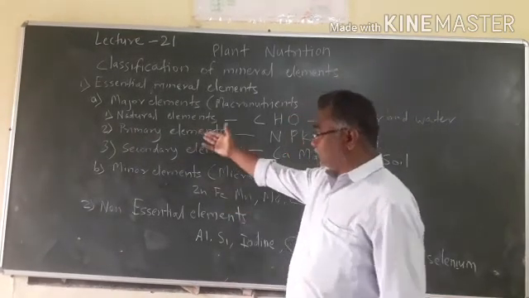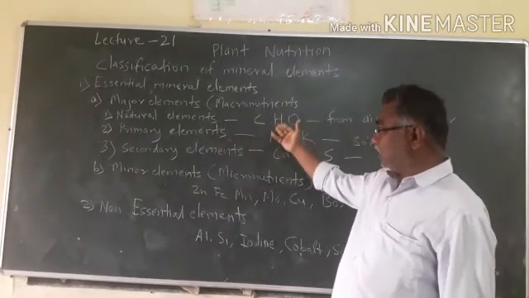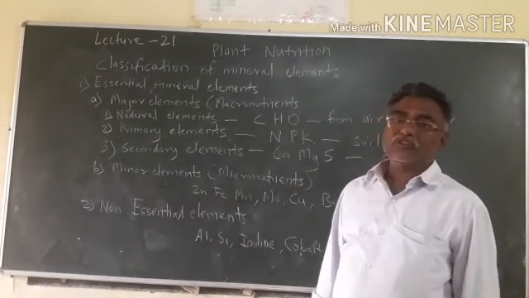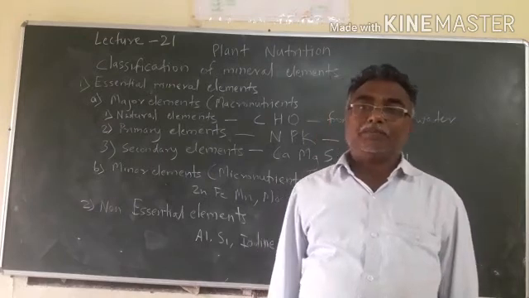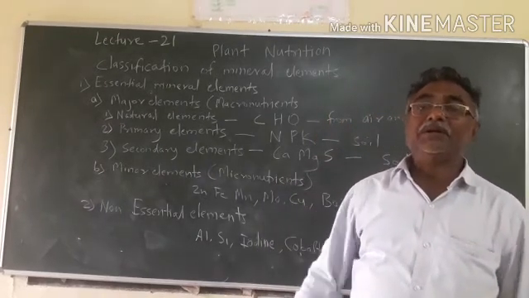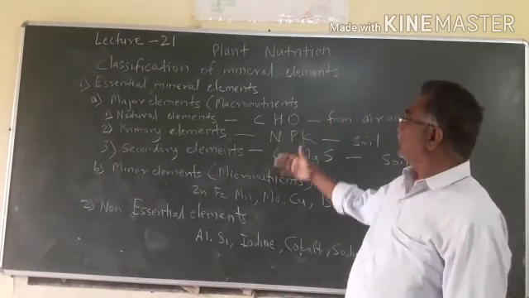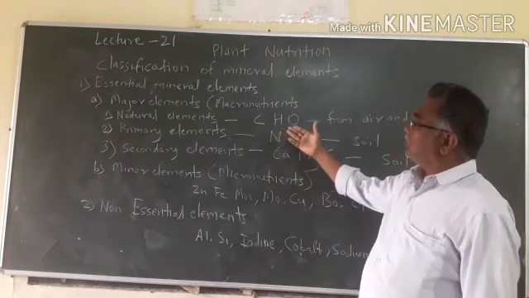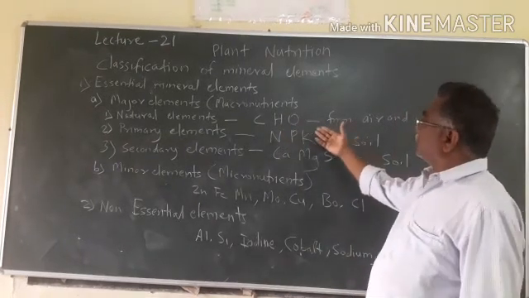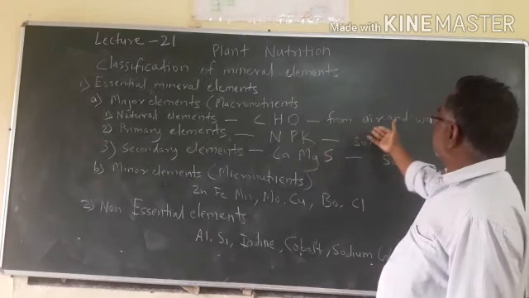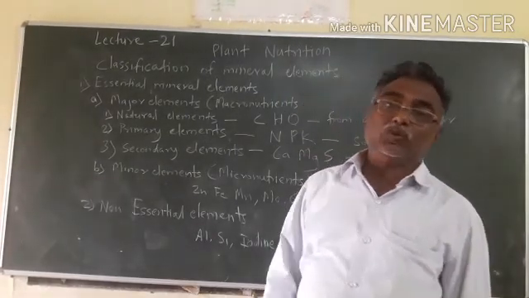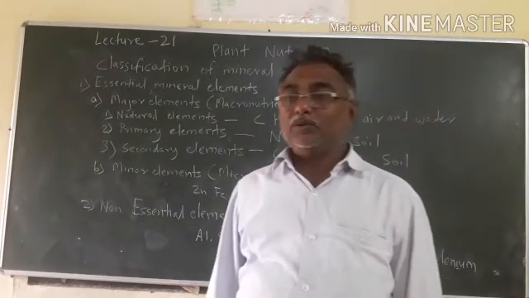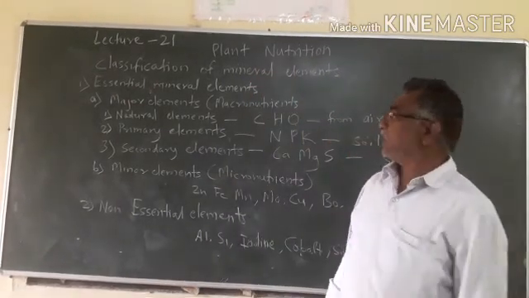Natural elements, they are CHO. They are taken by plant in abundant forms. They are taken from air and water, and this CHO is carbon, hydrogen and oxygen.